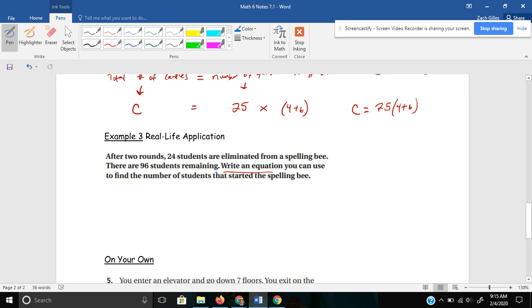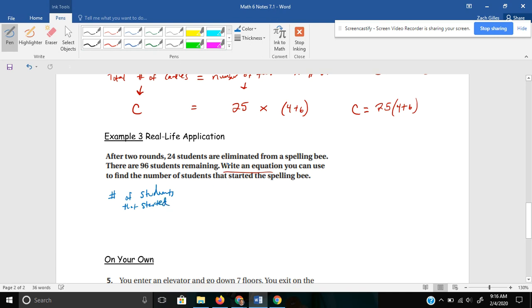So let's write it out in words again. What are we trying to find? We're trying to find the number of students that started.